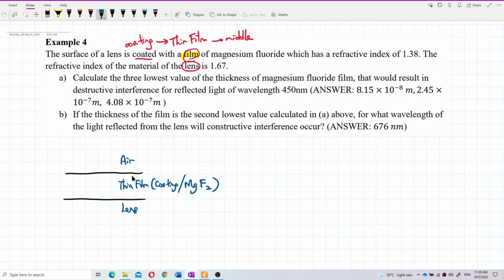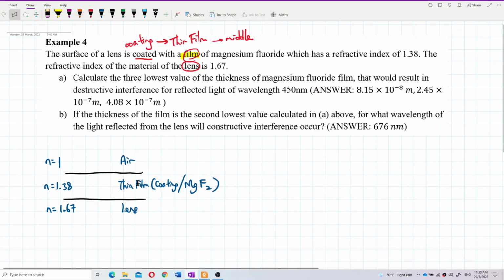Now list out the refractive index of each layer. The lower layer is the lens, 1.67. The film, or the coating, or magnesium fluoride, has refractive index 1.38. And the upper layer, the air, is n equal to 1.